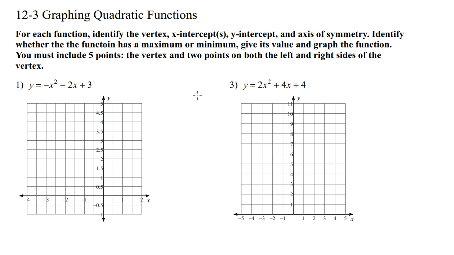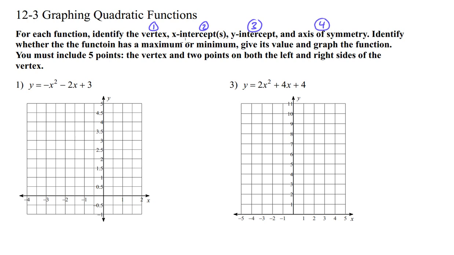I'm going to take you through some of the problems on the 12.3 Graphing Quadratic Functions worksheet. Okay, so we're going to do the odds. For each one of these, we're going to identify the vertex, the x-intercepts, y-intercept, axis of symmetry, a whole bunch of things here, huh?